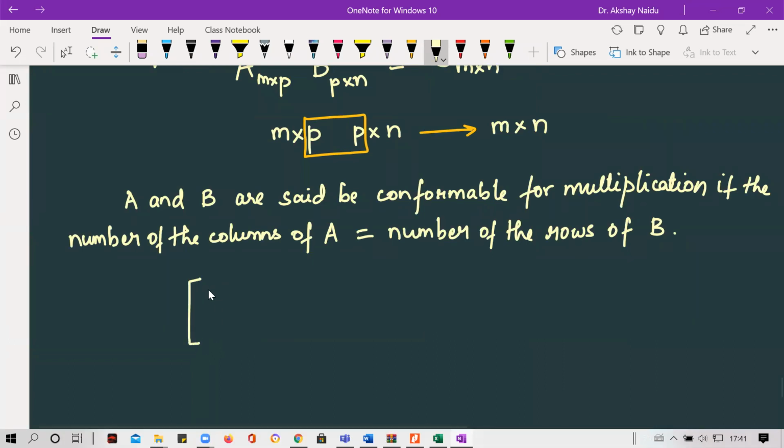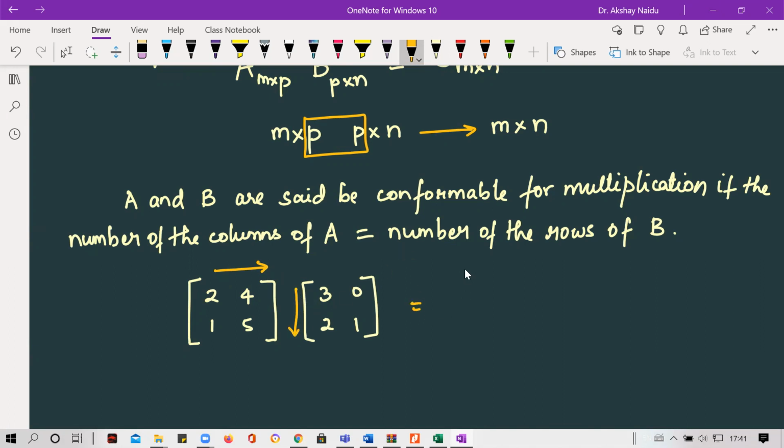We'll take a simple example. 2, 4, 1, 5 multiplied by 3, 0, 2, 1, let us say. So this is A, this is B. So what we do is row multiplied with the columns.